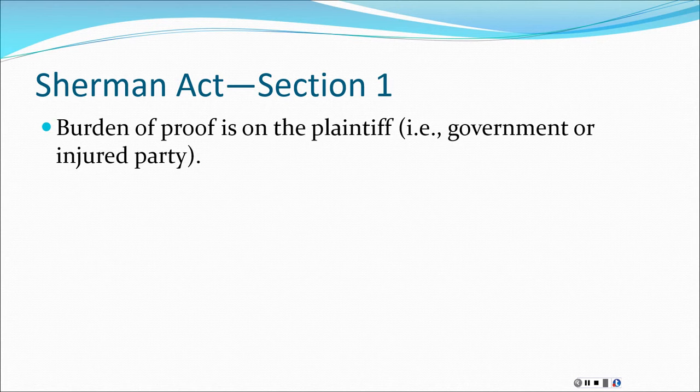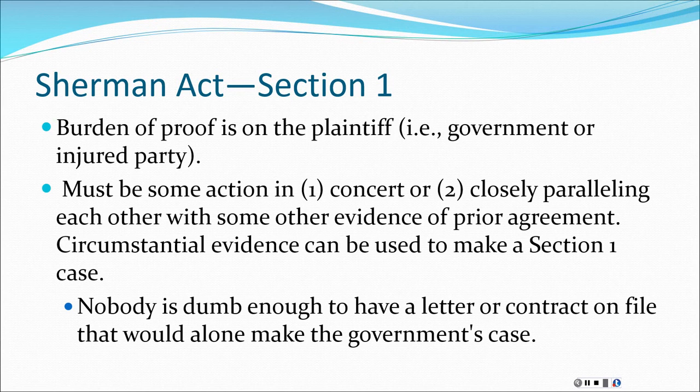They can sue, in essence, in tort under this statute. Well, how do you prove it? There must be some action in concert, that the defendants acted in concert under Section 1, or their actions closely parallel each other with some evidence of prior agreement.